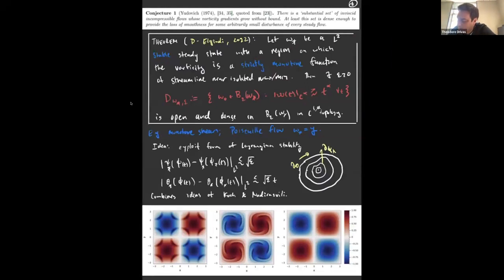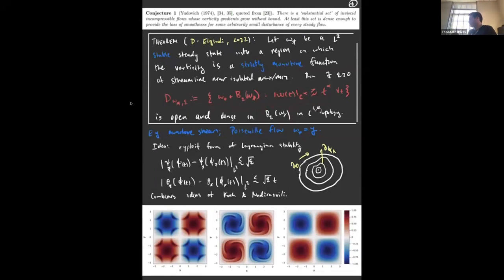Then for any such steady state, the set of initial data in an epsilon ball of the original one, in C1 alpha, or C alpha of vorticity, grows at least like t to the alpha for all time. And this set is open and dense in that ball in the C1 alpha topology.